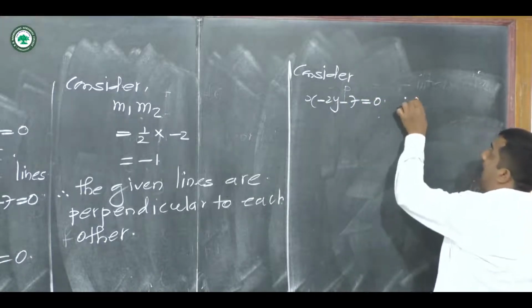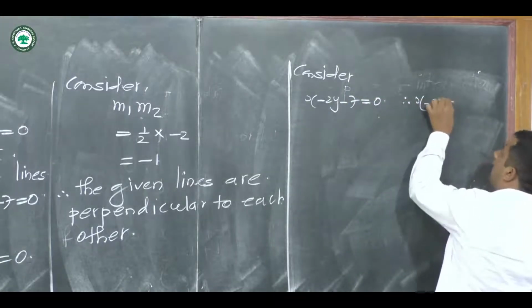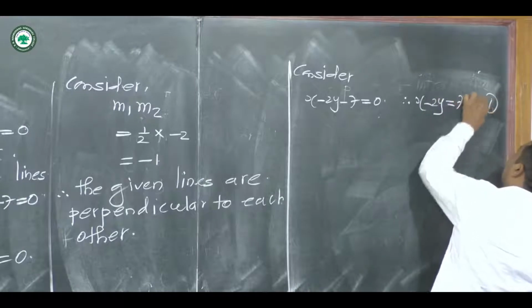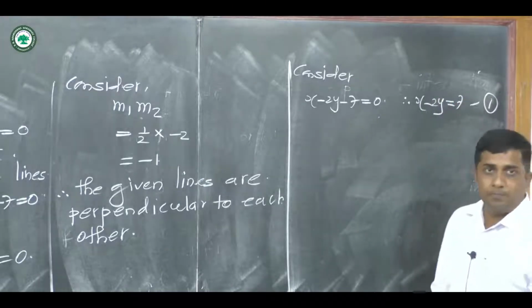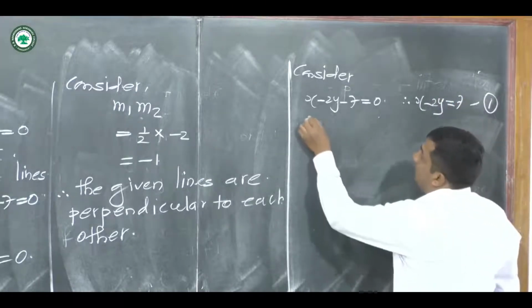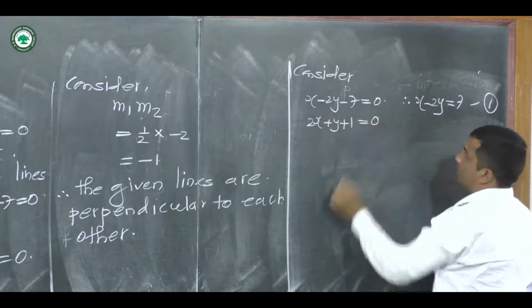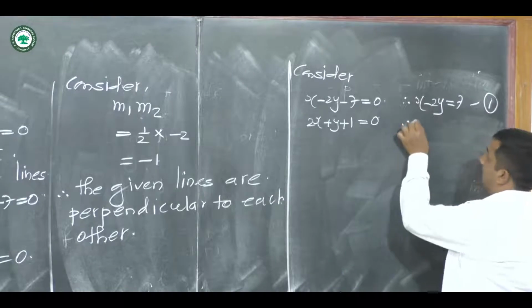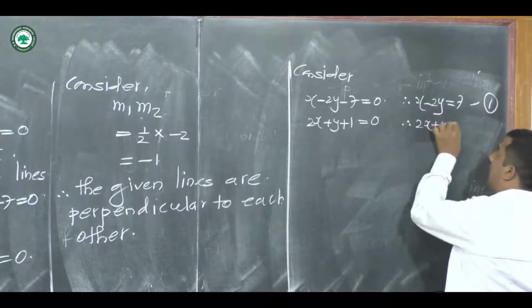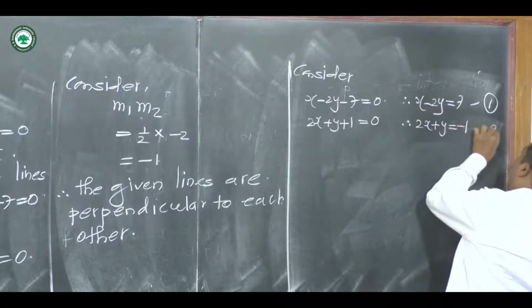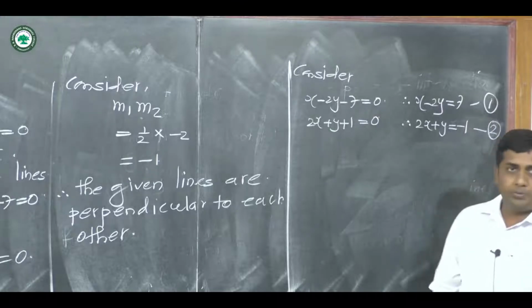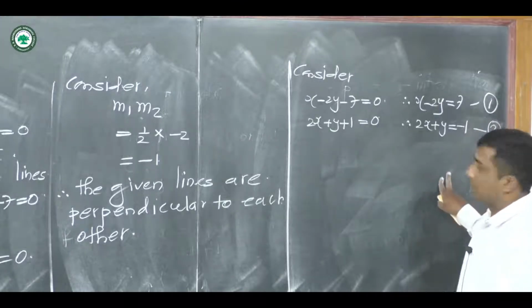I write this as x minus 2y is equal to 7. Let us consider this as 1. The second given is 2x plus y plus 1 is equal to 0. I write this as 2x plus y is equal to minus 1, and this is 2. Let us solve these two equations.